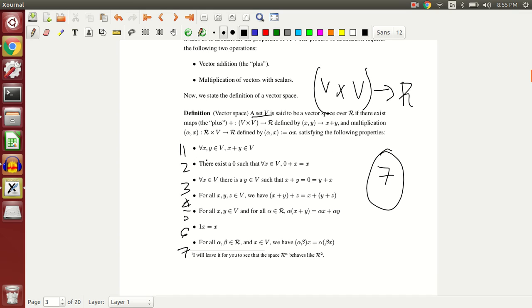If you take two points that belong to vector space V, the addition of these two vectors also belongs to vector space V. Zero is an additive identity. If you add any vector to the zero vector, you get the same vector.